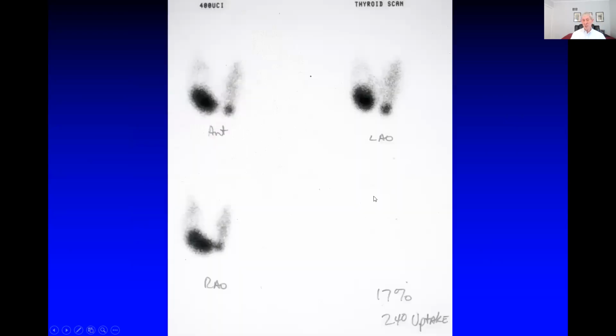What's your diagnosis here? Now you'll note the percent uptake is 17%. That is totally normal, but this is a totally abnormal looking scan. This is not hyperthyroidism. Anybody know what that is? Goiter? Sorry, say it again. Is it a goiter?